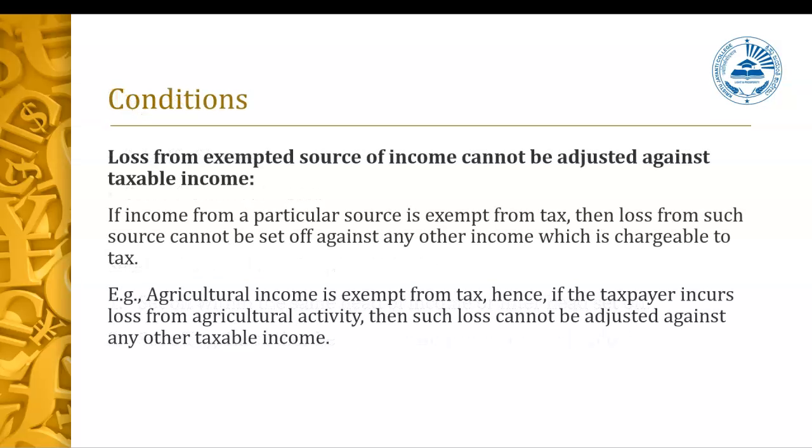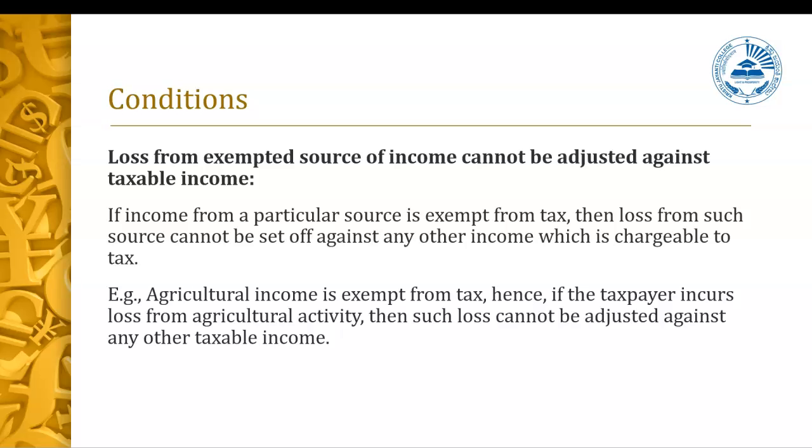Now, what are the conditions with regard to set-off? The first and primary condition is that the loss from an exempted source of income cannot be adjusted against taxable income. It's obvious that whenever income is generated, it will be brought under tax. But there are certain instances wherein the income has been exempted from tax.